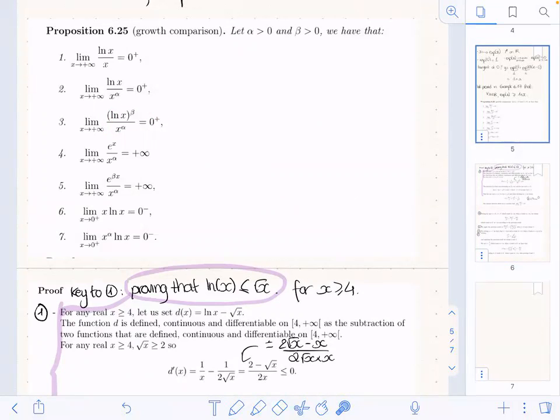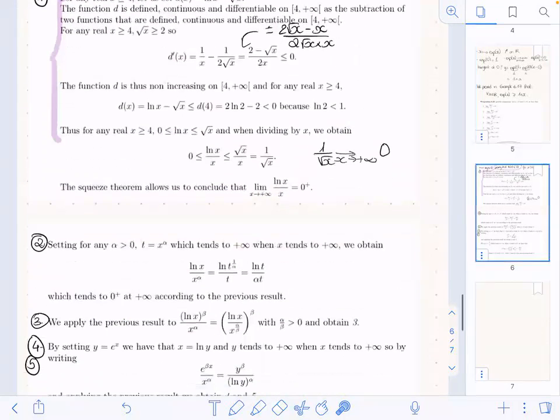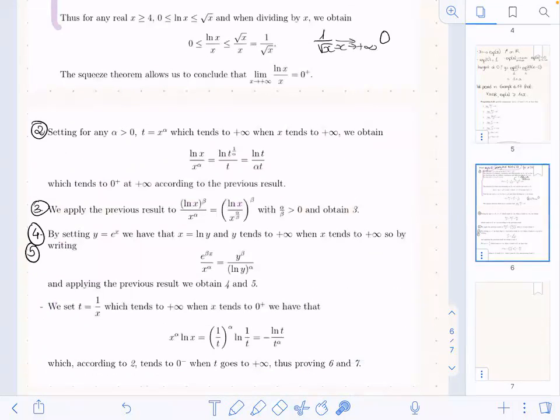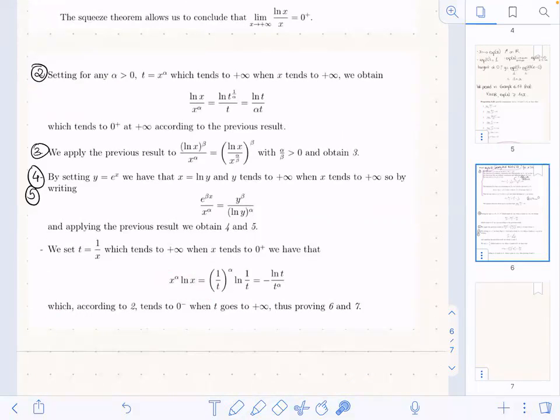As we know that logarithm of x to the power beta divided by x to the power alpha goes to 0 plus at plus infinity, if you take the inverse, you'll get 1 over 0 plus, which is plus infinity. So that's how we get this property. Similarly, comparing x to the logarithm, there's a similar reasoning in the proof. You just bring yourself back to this.